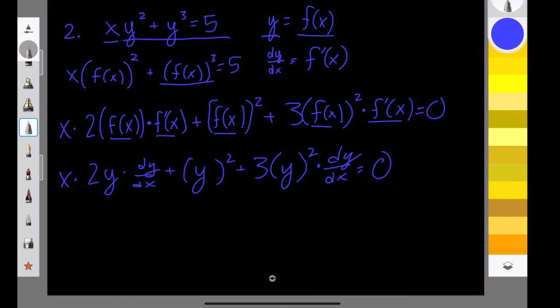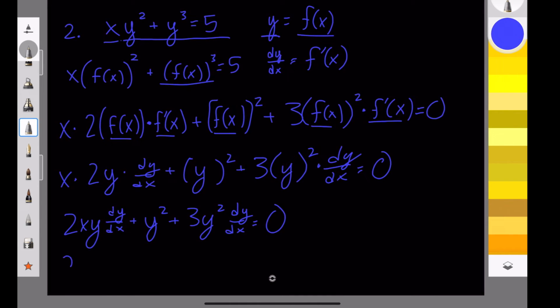All right, and now let's continue to solve, right? And we want to isolate dy dx, so let me just make this a little bit prettier first.